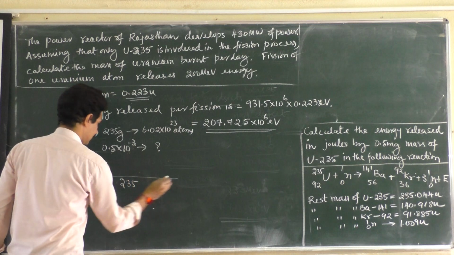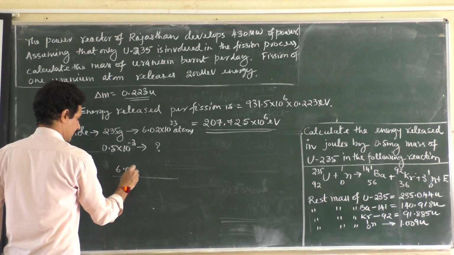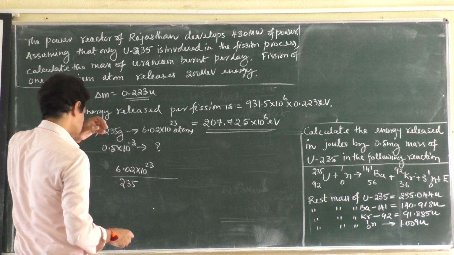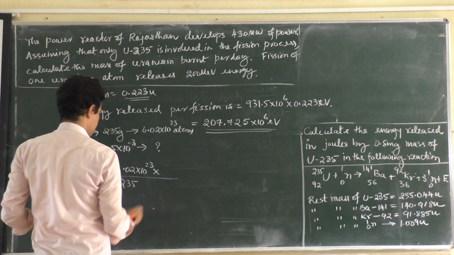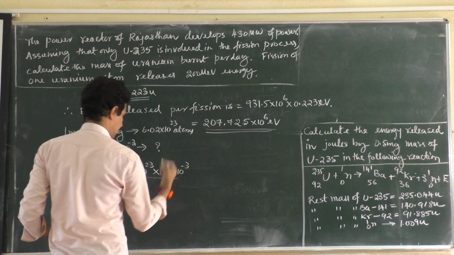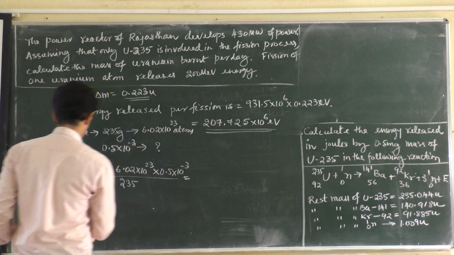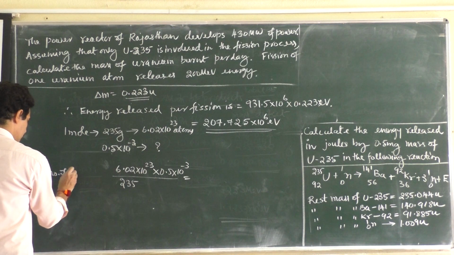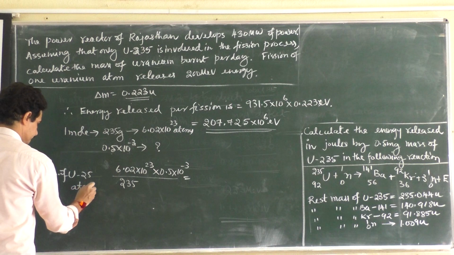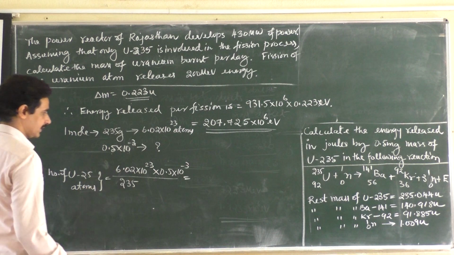235 gram contains Avogadro number of atoms, and 0.5 milligram contains how many atoms? So the number of uranium 235 atoms is what I am calculating.